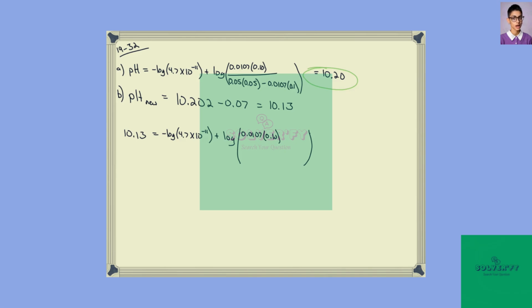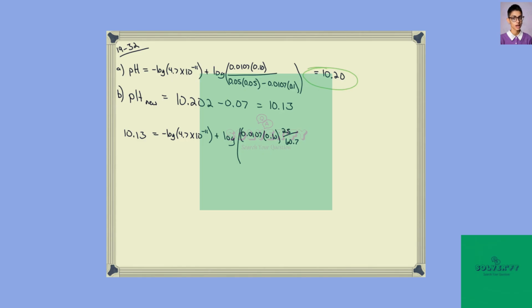What fraction are we trying to change? Well, we are trying to change 25 milliliters of the total 60.7, the 50 milliliters plus the 10.7. So this will be the fraction of the total moles that are found in the 25 milliliter solution that we are trying to change the pH of.